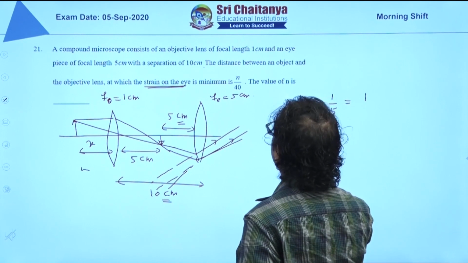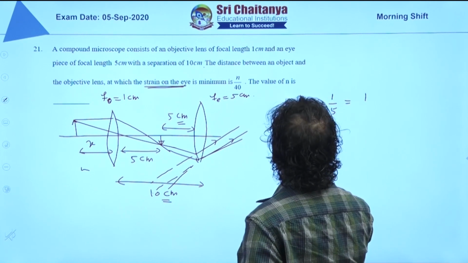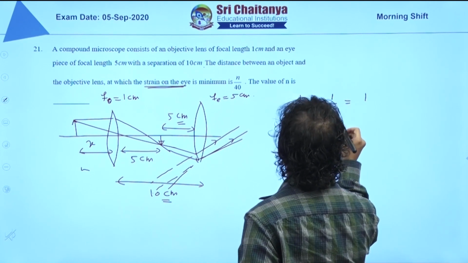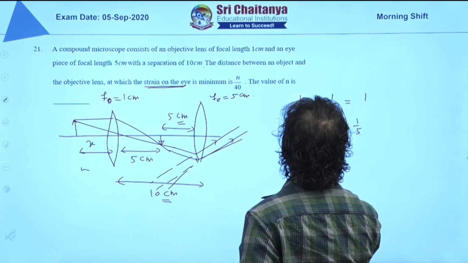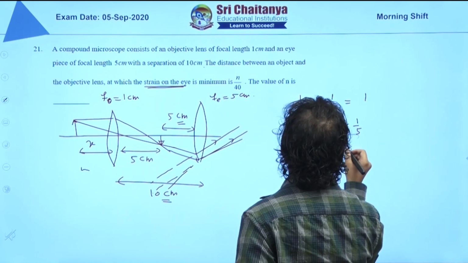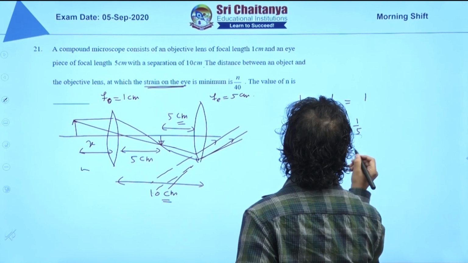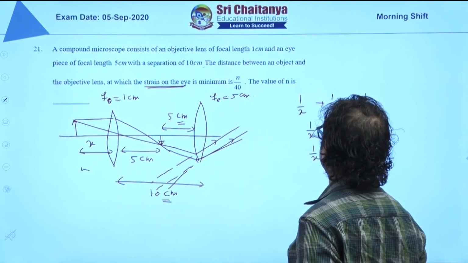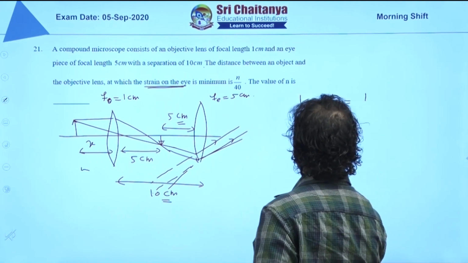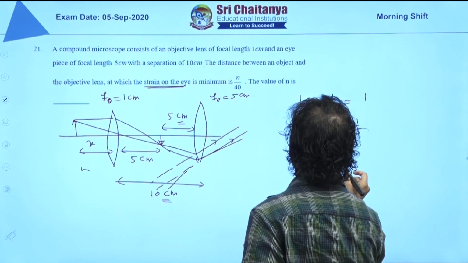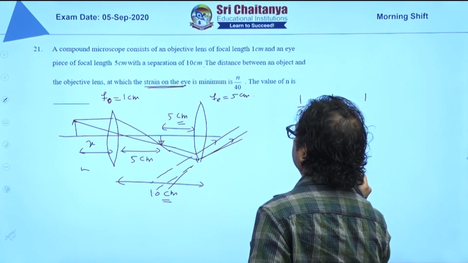So, 1 by x is nothing but 1 minus 1 by 5. So, 1 by x is 4 by 5. So, x value is how much? 5 by 4.